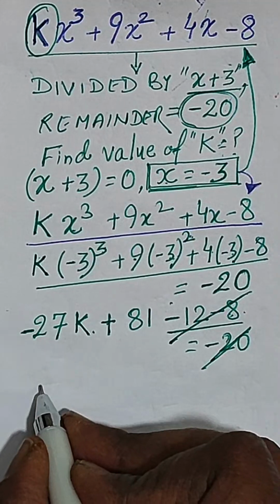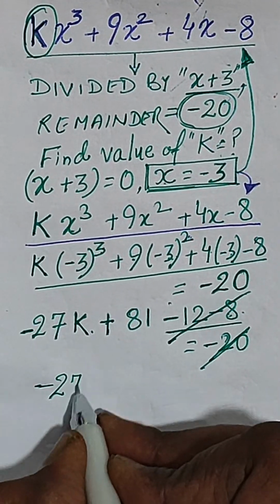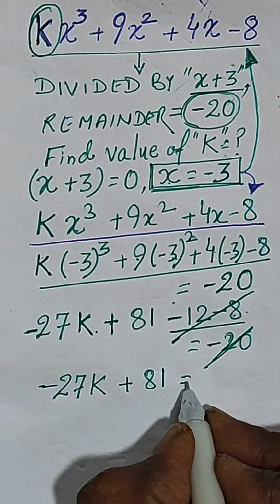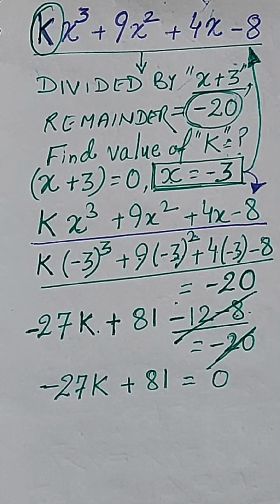So we are left with minus 27k plus 81 is equal to 0, right?